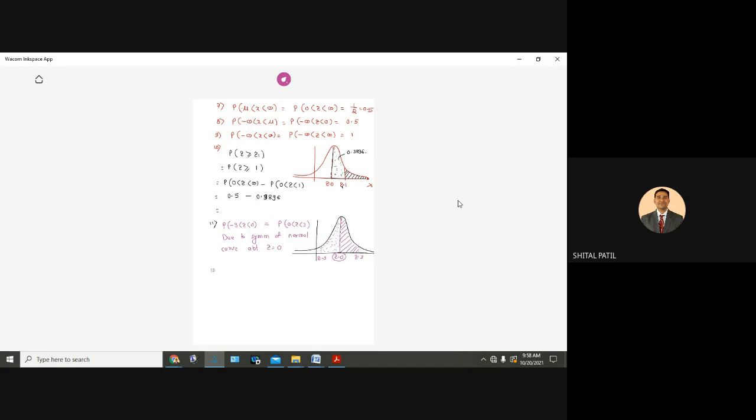12. Say we want to find this area. I forgot to write these things, please complete that.